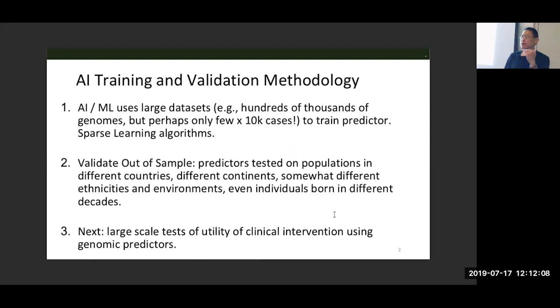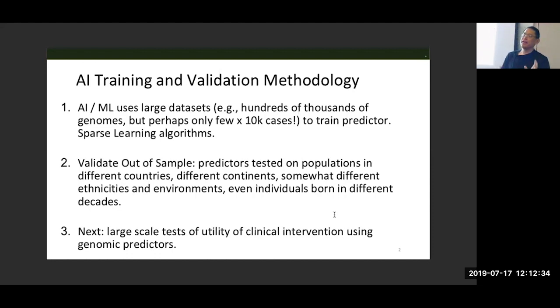And what you're doing is showing those examples to a learning algorithm. I'll give you some details about those learning algorithms if there's time later in the talk, but they go under the heading of sparse learning. What we mean by sparse learning is that the number of candidate features which might be used to predict the phenotype is of order 1 million, say 1 million reads from the array.